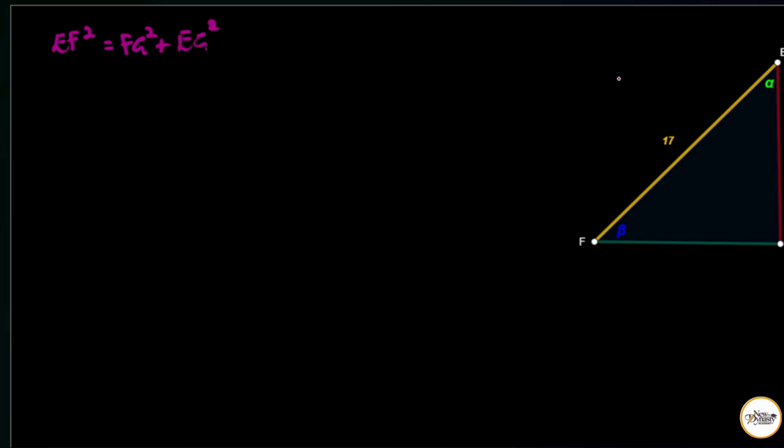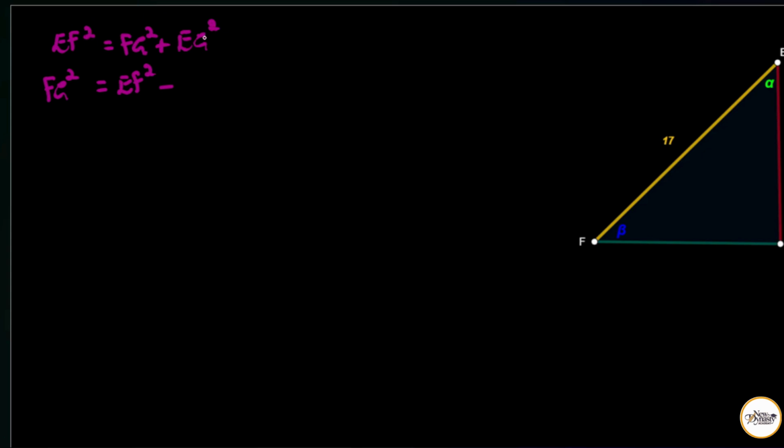Some people decide to make whatever we are calculating the subject of the formula here, so we can go on and do that. We are looking for side FG, so we are going to start with FG here equals to. Whenever you're calculating one of the sides which is not the hypotenuse, you always write that side first and you write the hypotenuse, which is EF, then don't forget that is squared, you subtract the other given side.